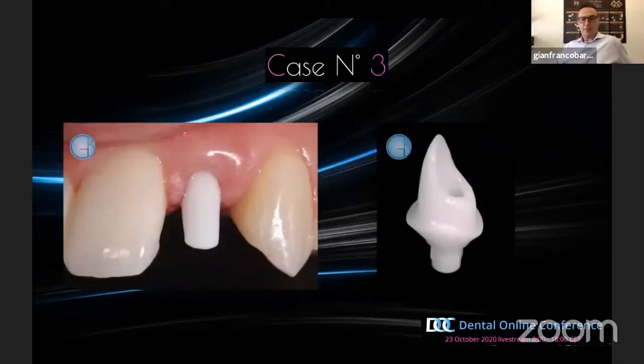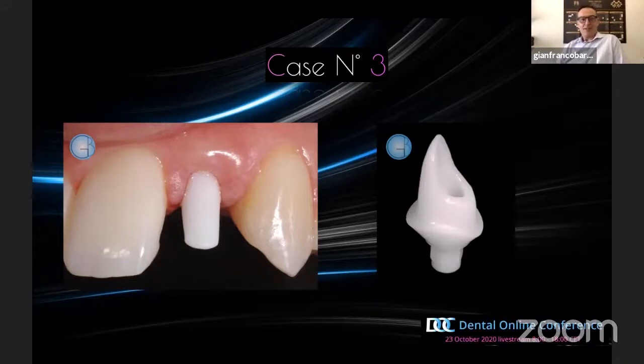Another similar case, and this was the one that is not recommended at this moment, was the internal connection totally in zirconia with the shoulder. Of course, I cross my fingers because it's still there.